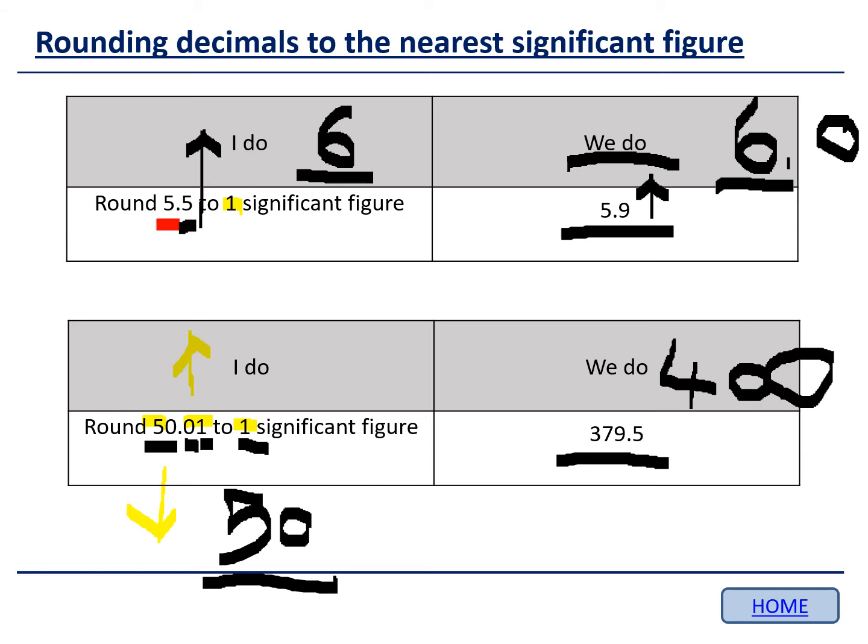For one significant figure, focusing on here that gives us 300, we want to know whether it's going to be 300 or 400. Looking at the 79 that follows, we know that's more than 350, so we know that we're going to have to round up to the closest significant figure of 400 for this one significant figure place.